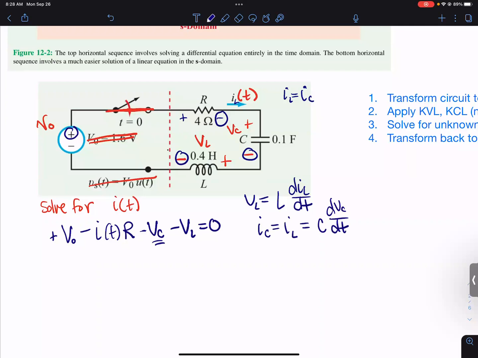And so doing a separation of variables, we can do IL and bring over the dt and the C. And then integrating, remember the Laplace is from 0 minus to infinity. So, need to back up one sec.